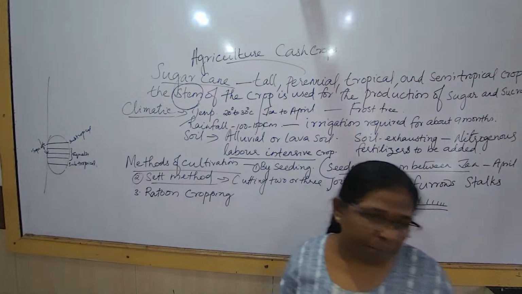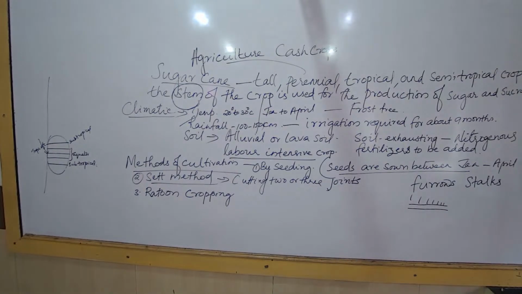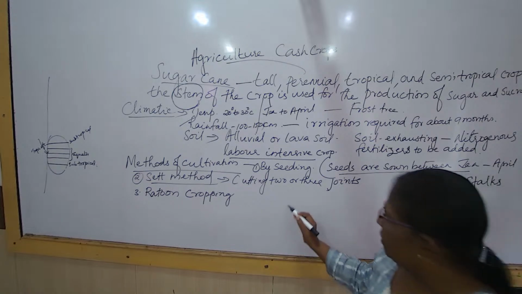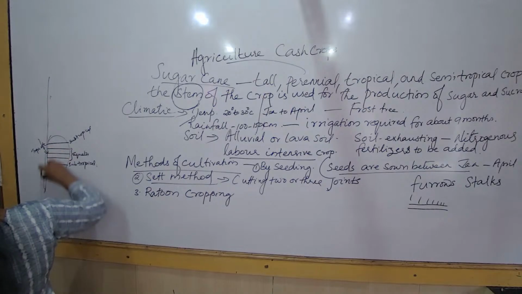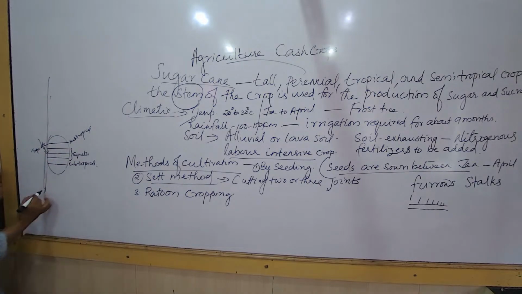See, ratoon cropping, what is it called? It is a process by which cane is cut close to the ground where the sugar content is concentrated. After the crop has been cut, the stem begins to grow again and produces a second crop called a ratoon. When the plant is grown, near the root there is more sugarcane content.